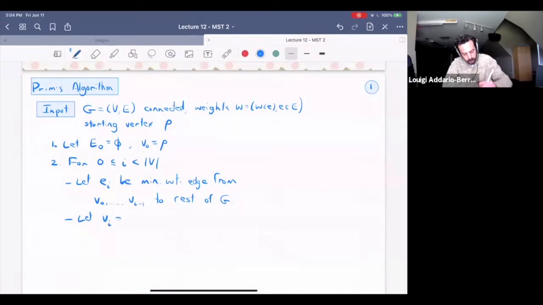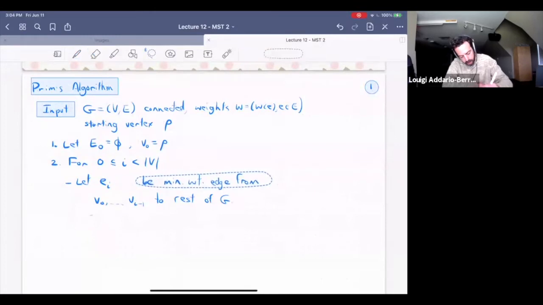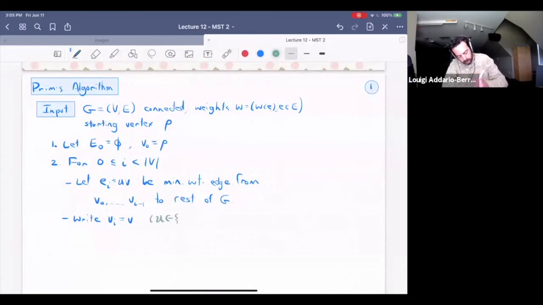So if I write, say, e_i as having endpoints u, v, then we'll write v_i to be v. We're assuming that the first endpoint was already part of the set that we've grown, and so v is the new guy.